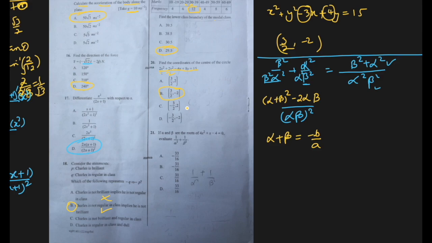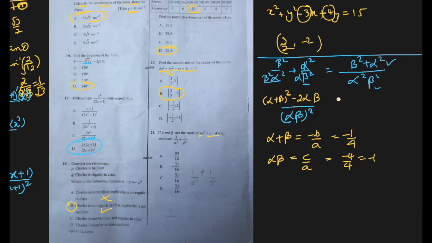In this particular equation, what is b? b is 1, so it is negative 1 over a. a is 4, so negative 1 over 4. What about alpha beta, the product? It is c over a. And what is c in this case? Negative 4 over 4, negative 1.